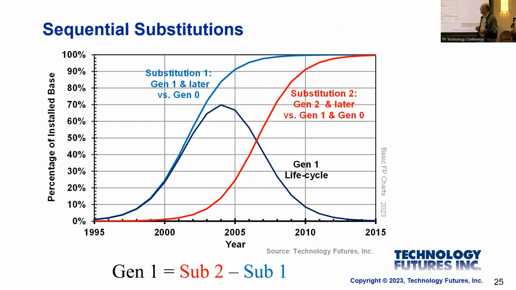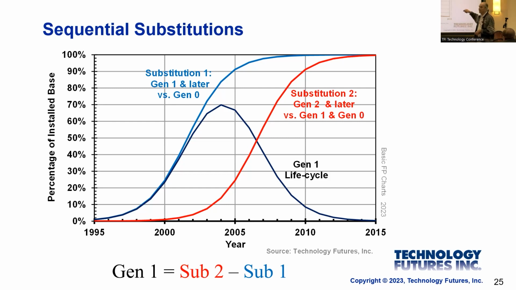So you can work out the math. It's a pretty simple matter of subtraction. But if we do these two substitutions, then we can get the life cycle of a technology. And if we have multiple S-shaped curves, then we'll have a bunch of these different bell-shaped curves.